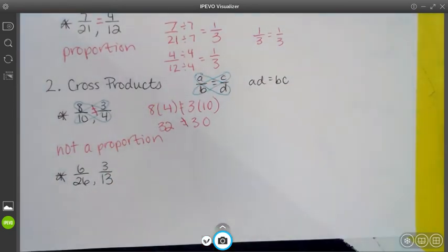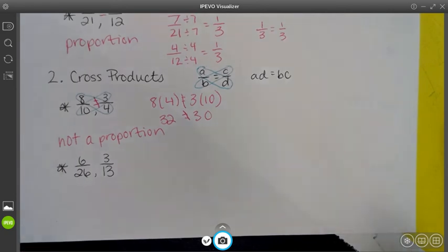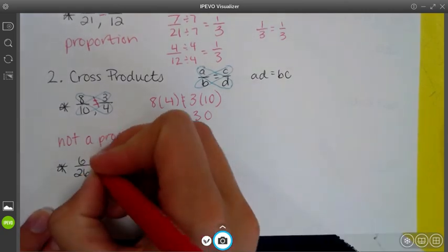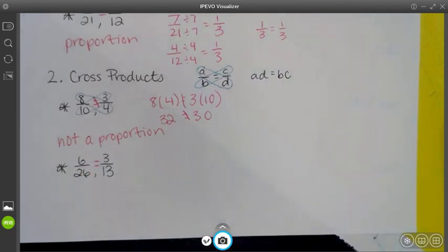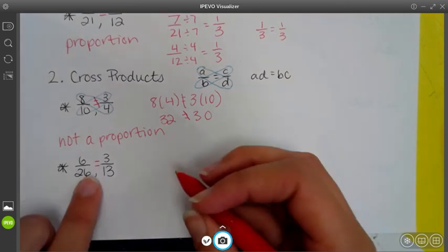Now that you've seen cross products, pause here and try this one on your own. We need to see if these two ratios are equal to each other. Do we create a proportion? So I'm going to look at the cross product.